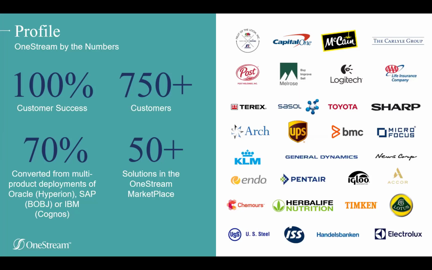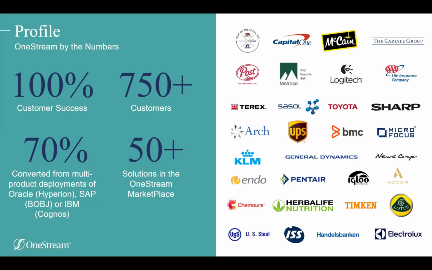We have done so over the last decade plus by converting a number of solutions that were in the legacy Oracle, SAP, or IBM, part of that 2007 consolidation of EPM going up into the ERP vendors. We've done so by converting a number of them at different points along the way to OneStream.